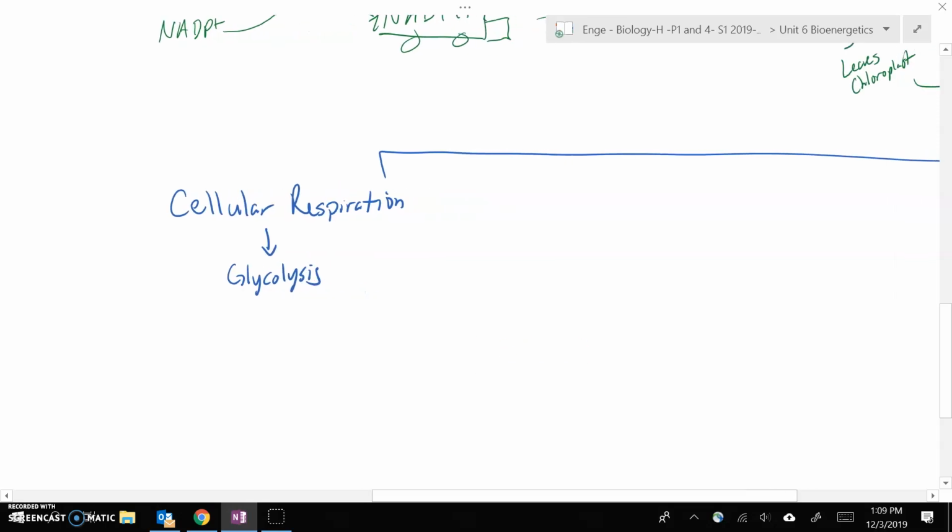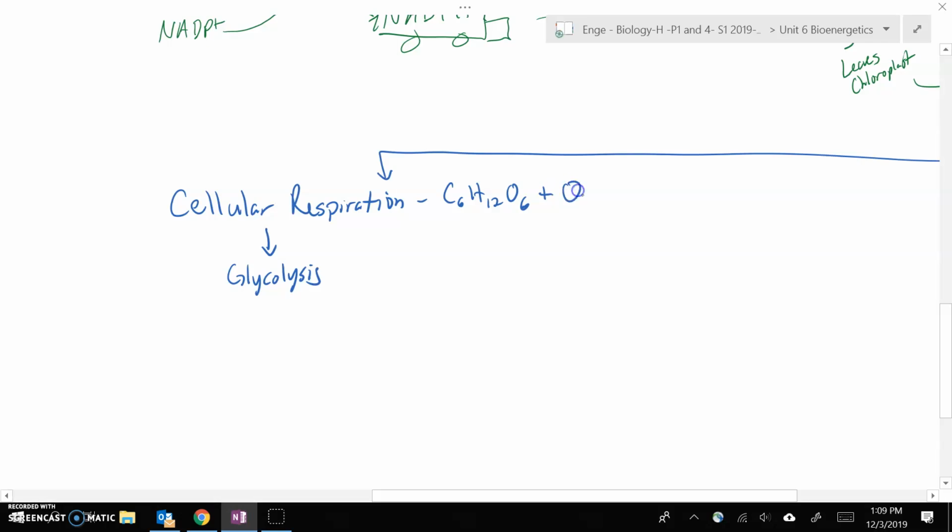Right? Now, let's just make sure we're clear. What is our formula here? You definitely should know the formula. So it's essentially the opposite of photosynthesis. So you're going to take the glucose, which we just brought down, right? That's C6H12O6. What are we going to add? The last step uses what?